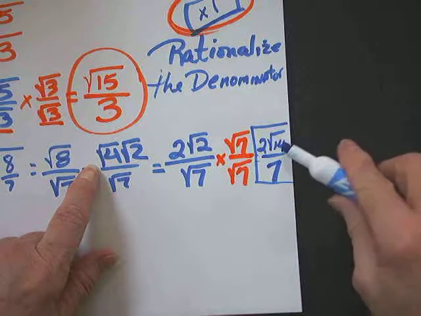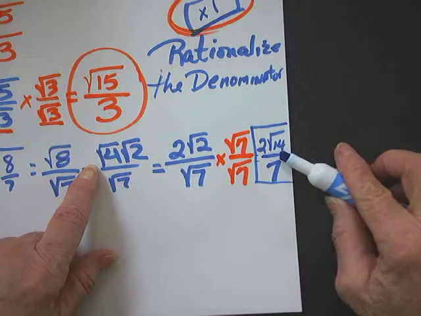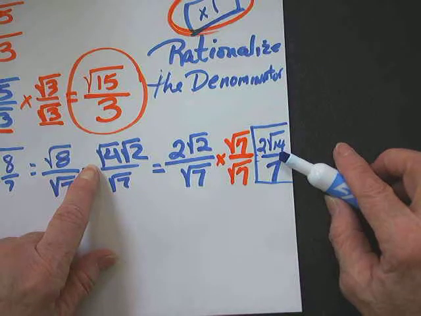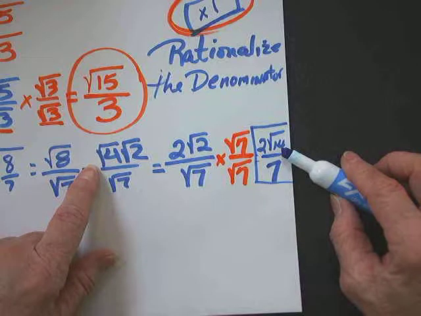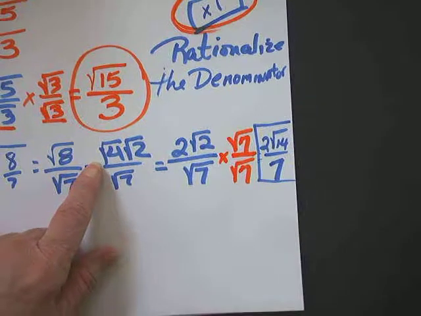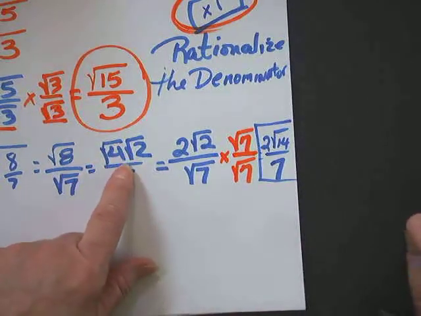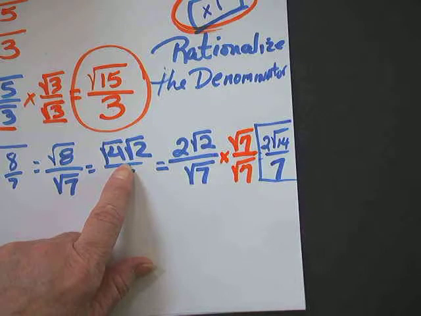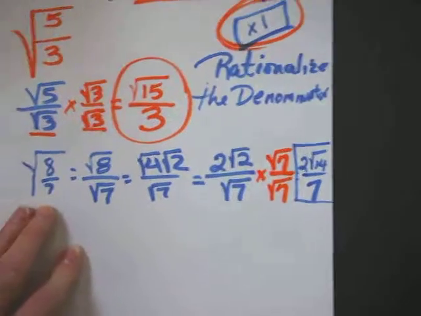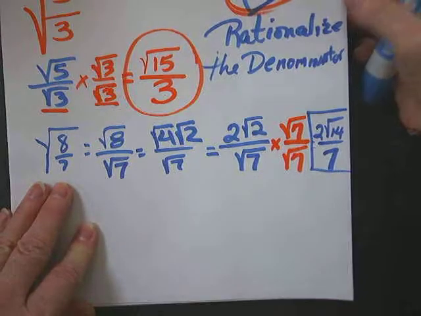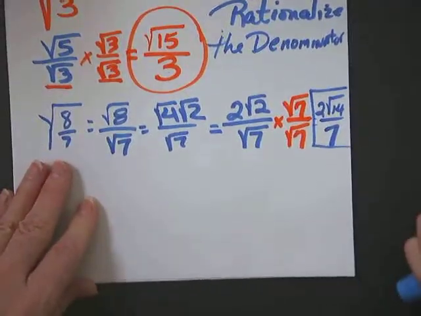The top would have been 8 times 7, square root of 56. It still would have turned into this. It just would have been a little more complicated to figure out how to simplify it. So if you simplify first, it might make your life easier.